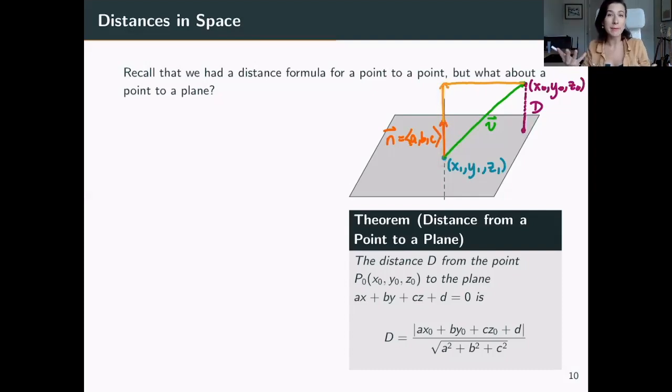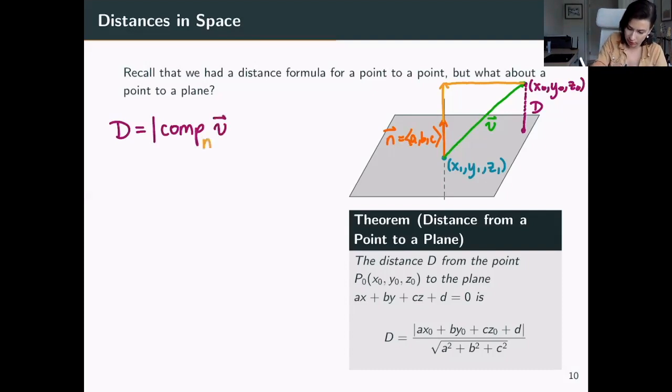While this is a vector projection, since we're talking about lengths, thinking about scalar projections is actually going to be more helpful. So my distance d is going to be equal to the absolute value of the scalar projection of the vector v onto the normal vector n. So that's what our distance d is going to be.